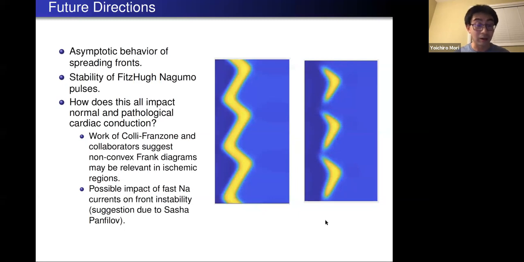And Sasha Panfilov recently has given us some very interesting suggestions on the instability mechanisms that we found and the fast sodium current. Okay, so this is my final slide.